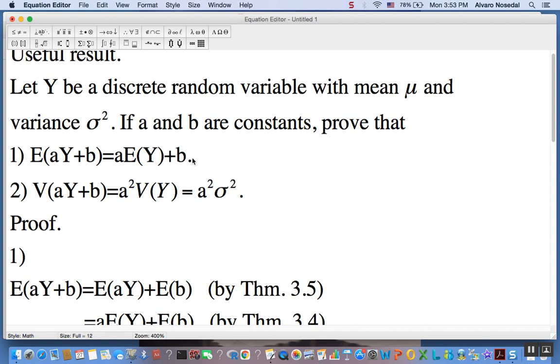That means that the expected value is linear.